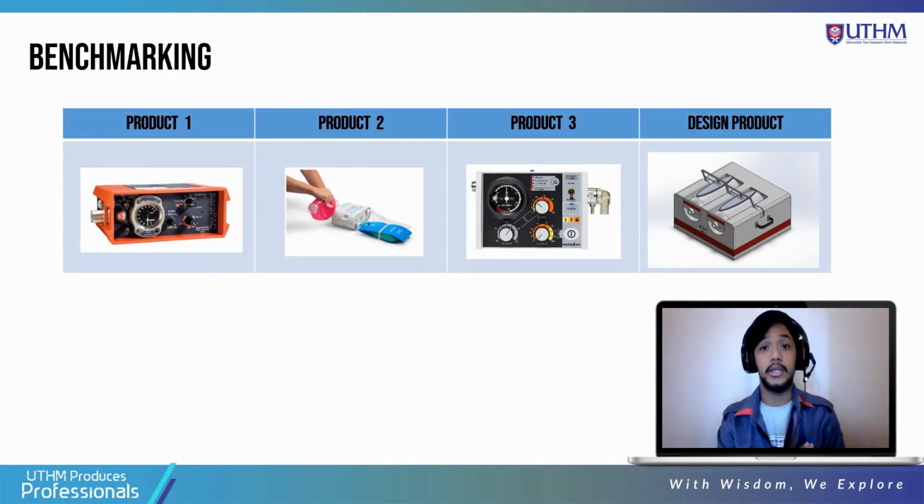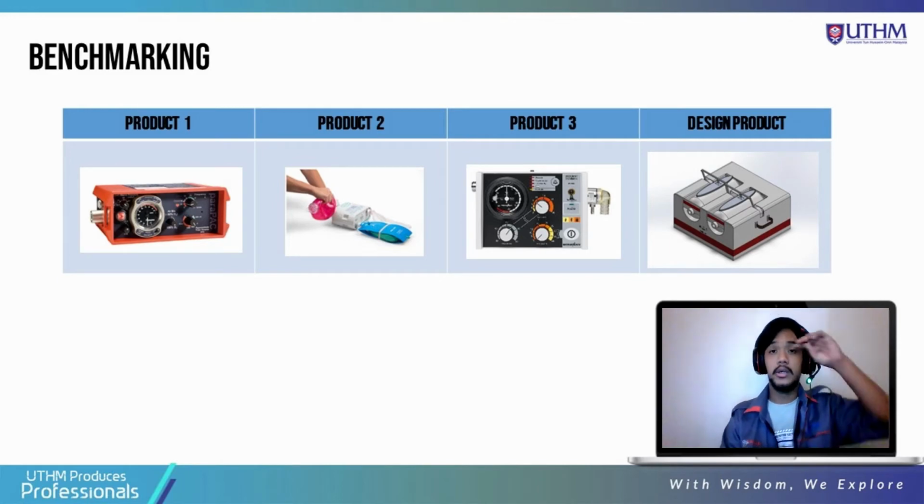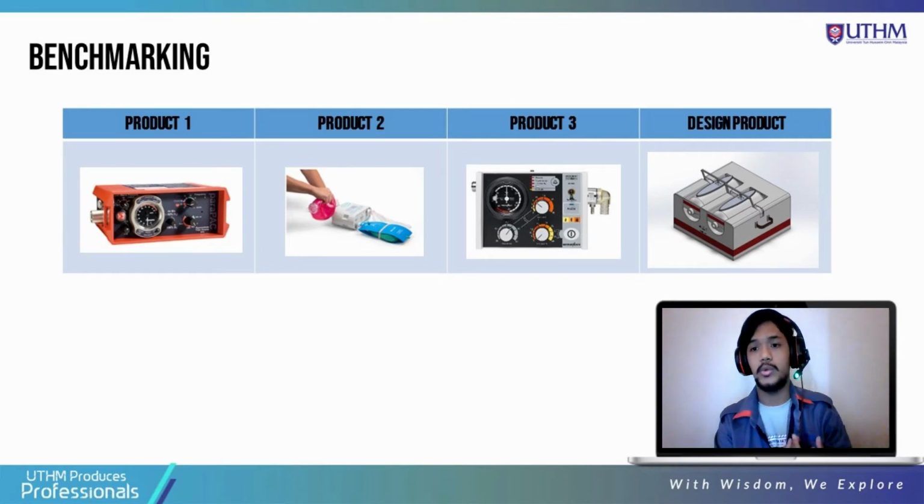Product 1 and product 3 use the mechanism of suction, where they suck the air and transport it to the patient. Meanwhile, product 2 uses manual squeezing. It requires human energy to squeeze the BVM.